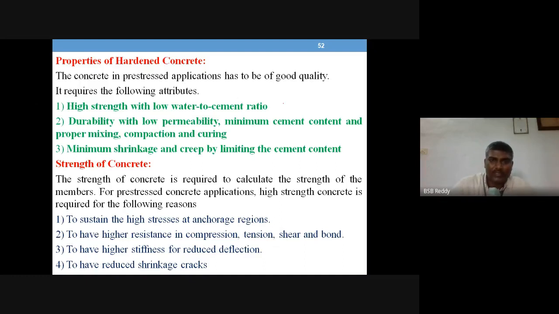Okay, so the concrete in pre-stressed applications has to be of good quality.